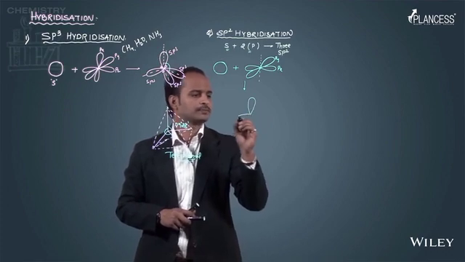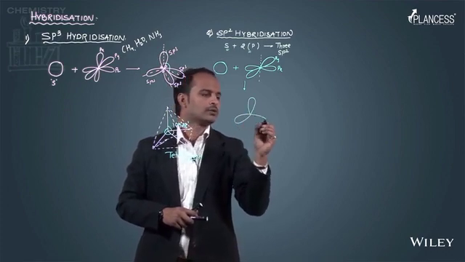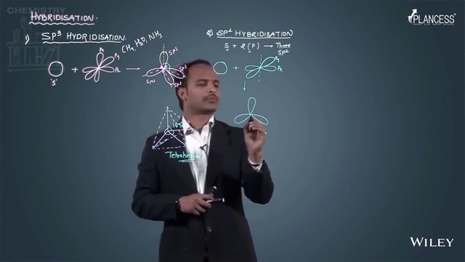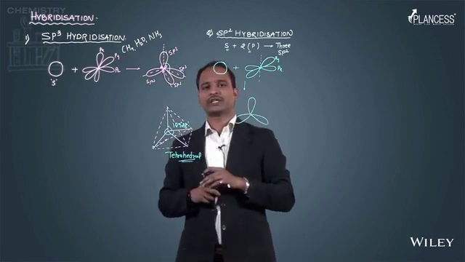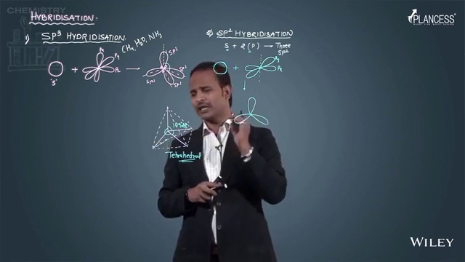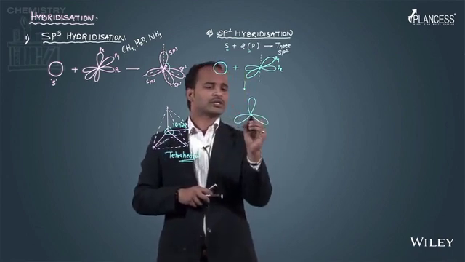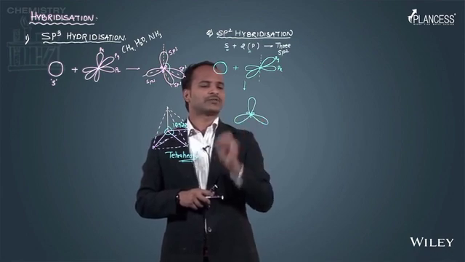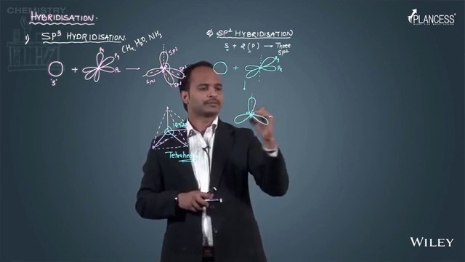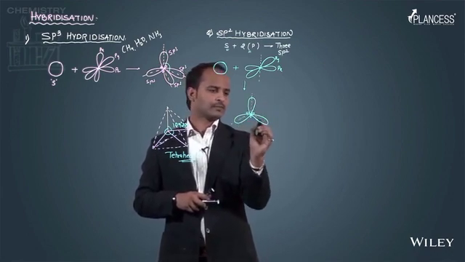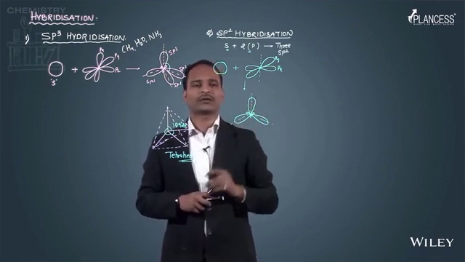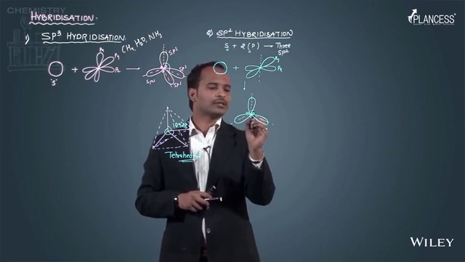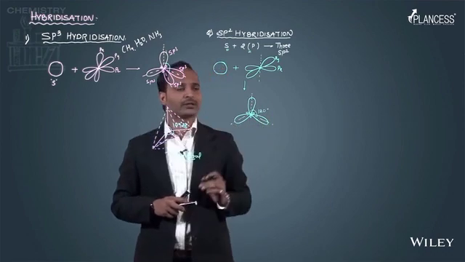First one. Those 3 orbitals are oriented on the 3 corners of an equilateral triangle. If I join these 3, you will get an equilateral triangle, and being an equilateral triangle, this angle is going to be 120 degree, because of the central atom of that particular triangle.